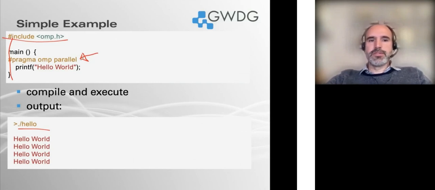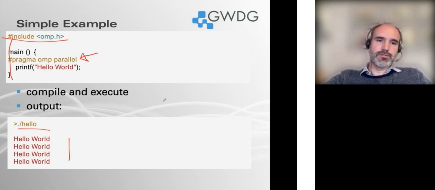If it uses system defaults, it could be that it uses the number of cores available for this process, and then Hello World is printed out as many times as there are cores available. So you should steer this. You should not leave this unknown; try to have control over everything or most of the things. So you should set somewhere the number of threads to be used in your parallel section.